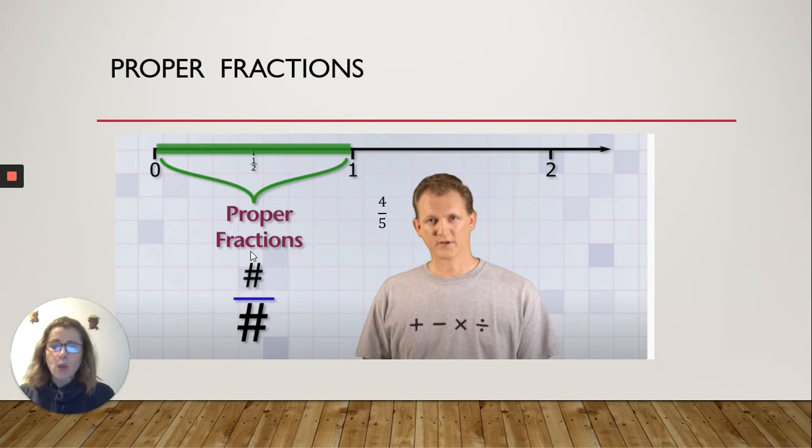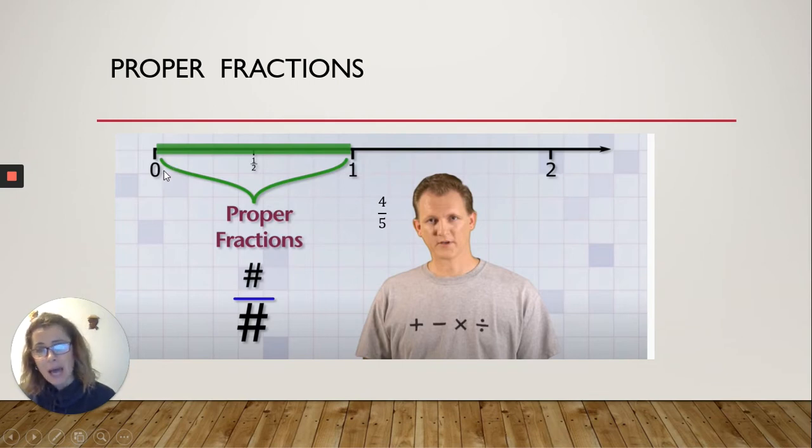Then we're going to have another kind of fractions where the numerator is less than the denominator. For example, 4/5. This type of fraction is called a proper fraction, because there is no problem here: if you divide a pizza into 5, you eat 4 pieces of the pizza.